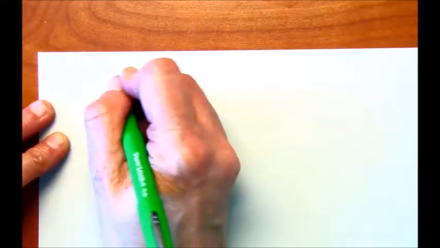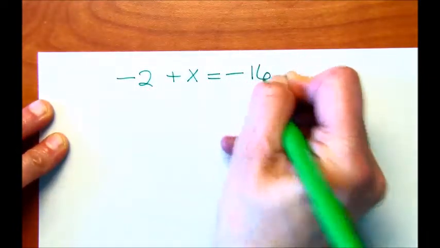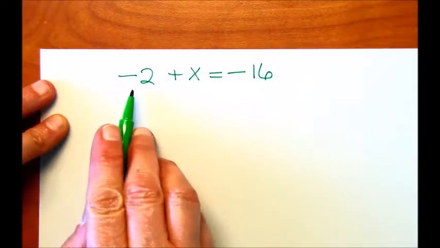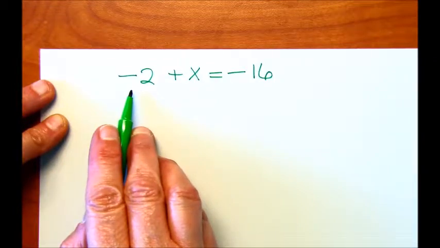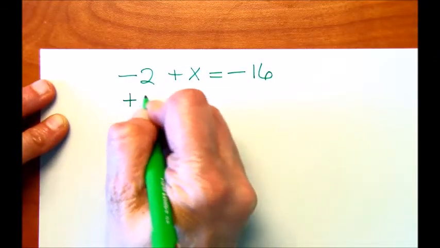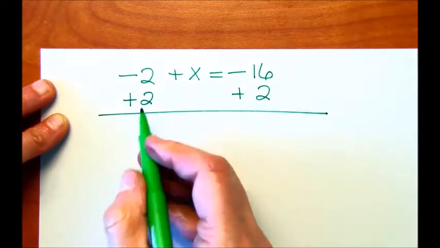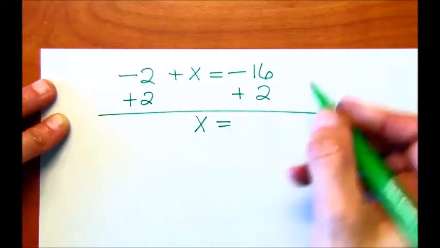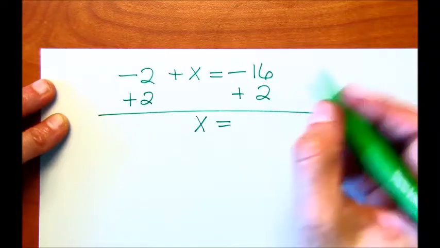In this example, we have negative 2 plus x equals negative 16. This is a negative 2, so the opposite of negative 2 would be a positive 2. Add 2 to both sides. That's going to cancel. We're left with a positive x, or x. Negative 16 plus 2, that's going to give me a negative 14.